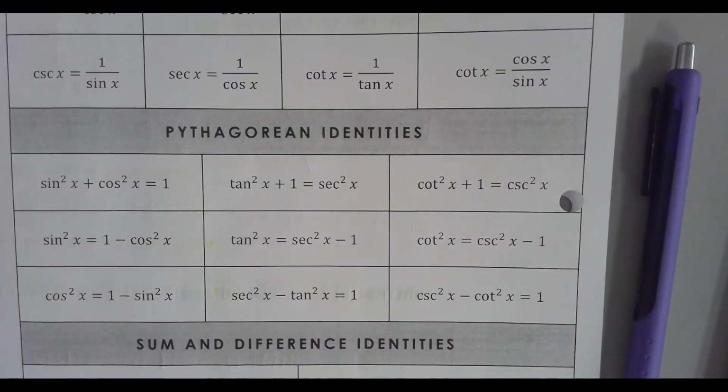On the back here, I've put it all in a reference. Up top, cosecant is 1 over sine. Or sine is 1 over cosecant, same thing.